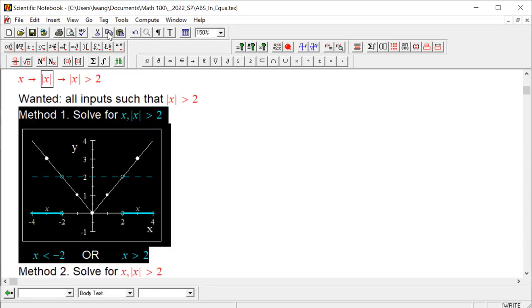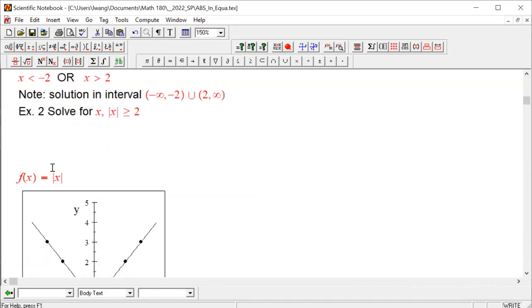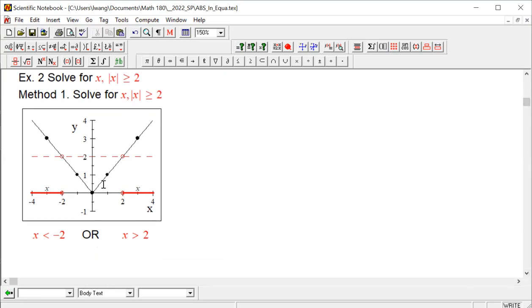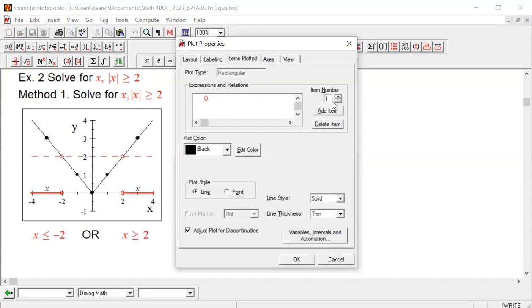So the first method, everything being similar, greater than or equal to 2. And now all these red circles are going to be dots. So this is less than or equal, greater than or equal, and the picture will be drawn over.